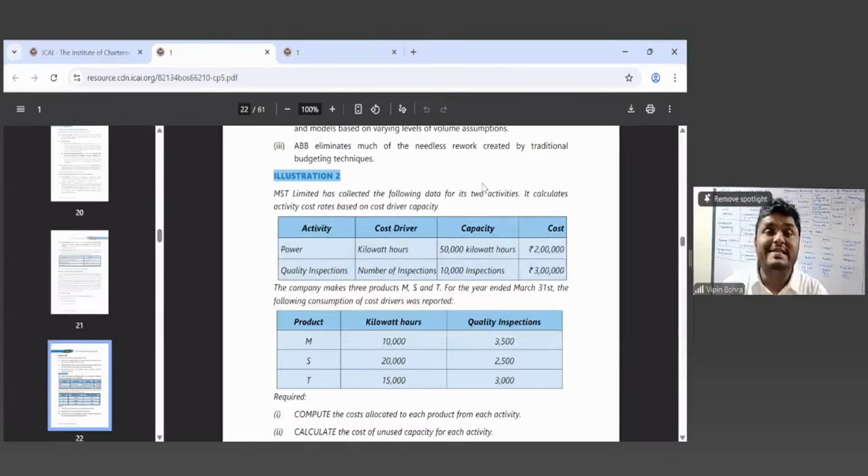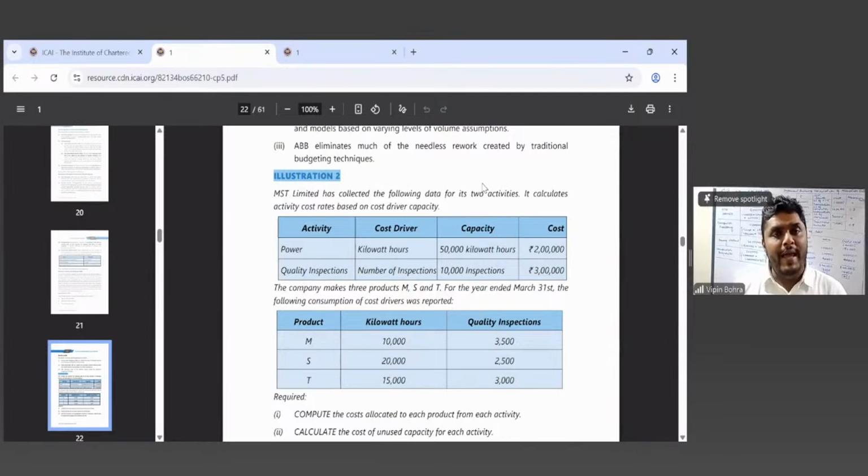So the total is 45,000 kilowatt hours. The capacity given is 50,000 kilowatt hours, but the hours consumed by M, S, and T are 45,000. So what about these 5,000 hours? That is a big question mark. So herein the total is not matching with M, S, and T.